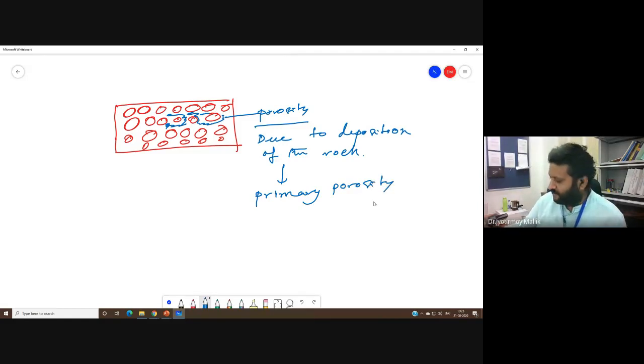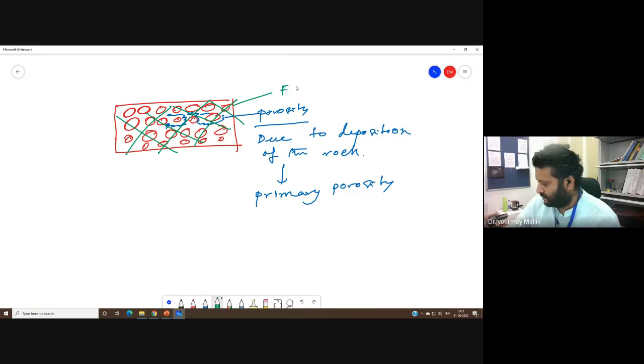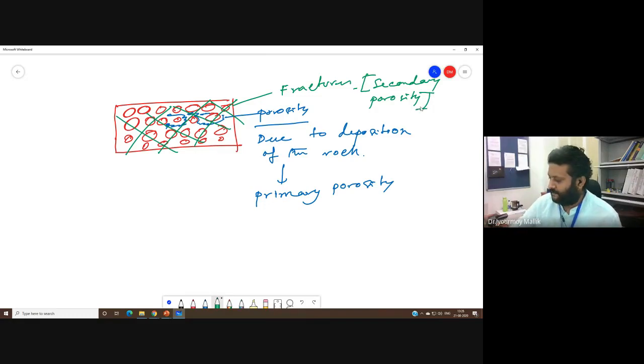Now, after the formation of the rock, suppose I create some fractures in the system. These are my fractures. So that will also create some void spaces, and hence I will call it a secondary porosity. Not only fractures, what else? Say, for example, I am looking at a carbonate.